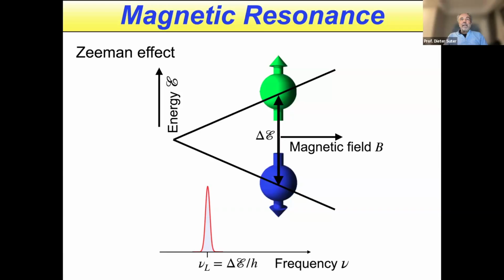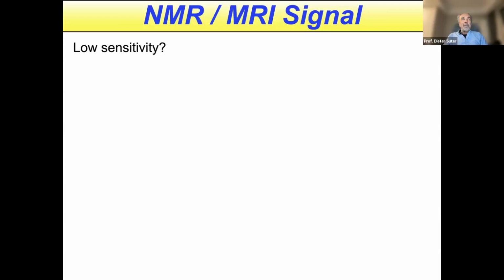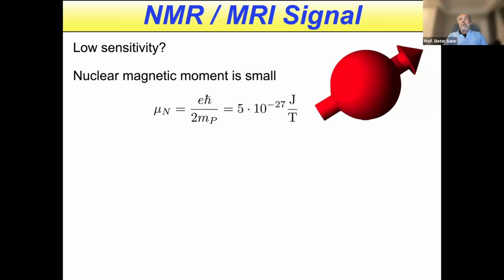The one thing many people are concerned with in this technique is that very often the sensitivity limits the applicability. So it's generally considered to be a low sensitivity technique, but it depends, of course, on what you compare it with. One way to look at it is that the nuclear magnetic moment is small.